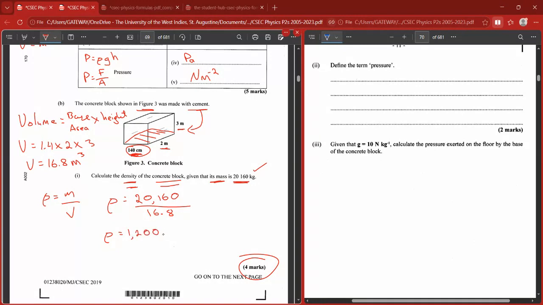This would be kilogram per meter cube because density is mass over volume. The unit for mass is kg, the unit for volume is meters cube. So kilogram per meter cube. Make sure that's correct. 20,160 divided by 16.8, 1,200.